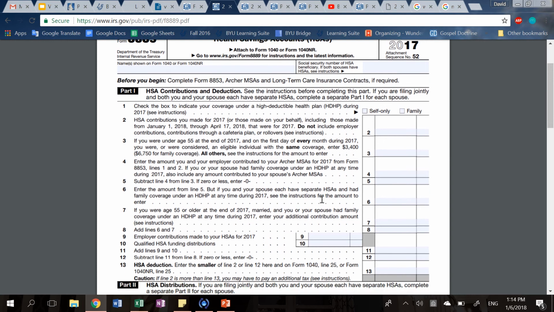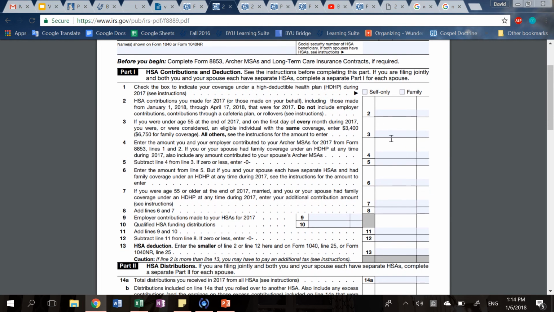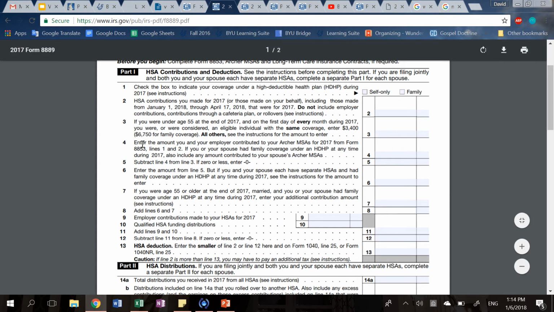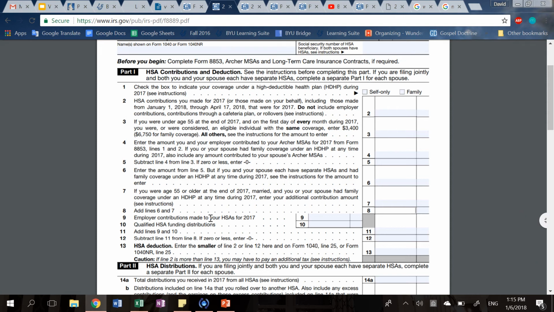So basically, as we go along these other lines, this maximum amount on line 3 will come down to line 8. Line 4 and line 10 are out of scope for VITA. They're a little bit too complicated. So line 8 will be that max amount. Then you'll subtract from line 8 the sum of line 9 and line 10.